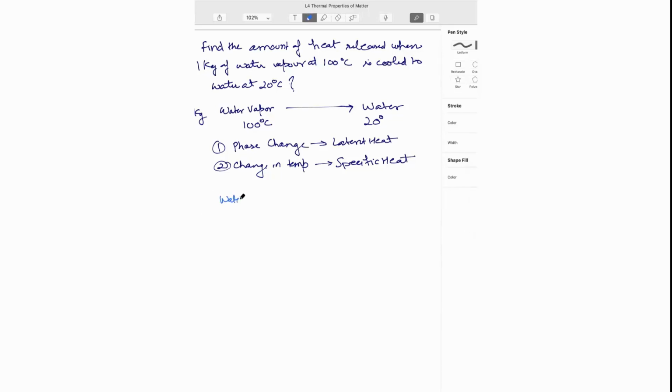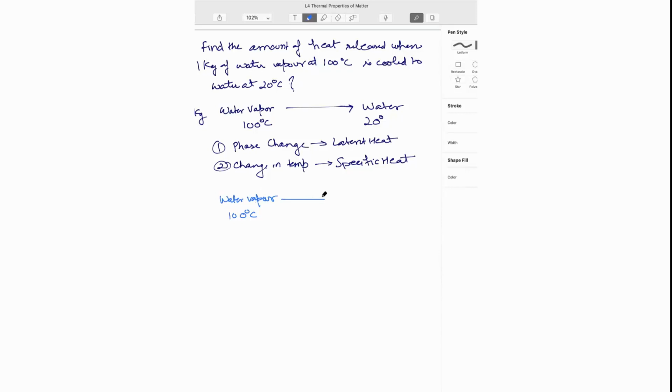Water vapor at 100 degrees centigrade is the point at which the water boils.